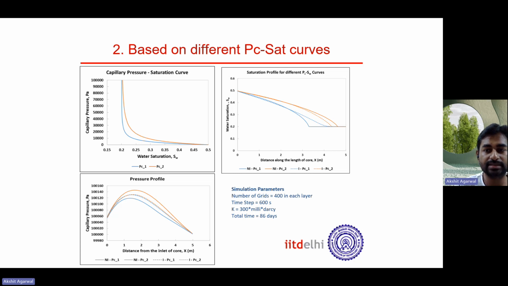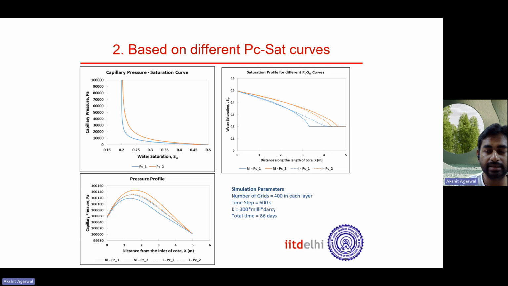However, when these two layers interact, a notable shift occurs. The layer originally associated with the PC1 curve, which lagged in the non-interacting scenario, experiences a sharp increase in its front, while the layer initially linked to the PC2 curve, which led in the non-interacting scenario, sees a reduction in the length of its front.